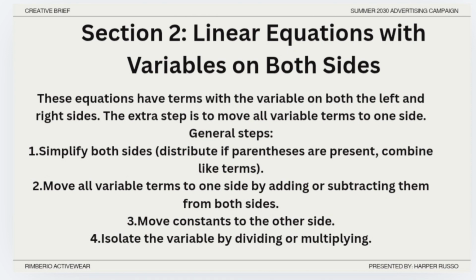General steps: first, simplify both sides or distribute if parentheses are present. Combine like terms. The second step, move all variable terms to one side by adding or subtracting them from both sides. The third step, move constants to the other side. The last step, isolate the variable by dividing or multiplying.